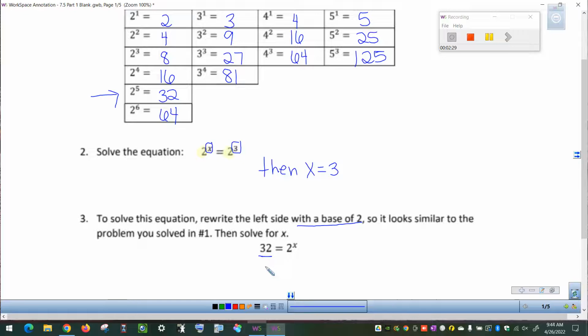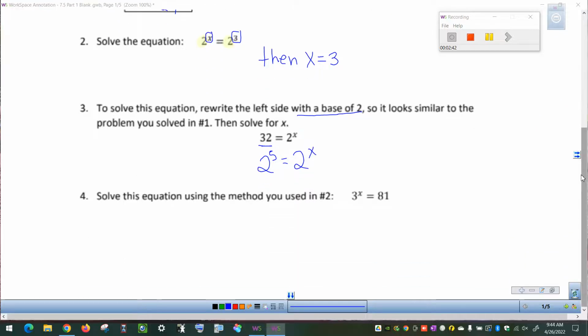It's 2 to the 5th power. And so instead of keeping it as 32, we're going to replace that with 2 to the 5th. And now we have a really similar situation. We've got a base of 2 on both sides, so we're going to set the exponents equal to one another. If we set our exponents equal, we end up getting that 5 equals x, or x equals 5.